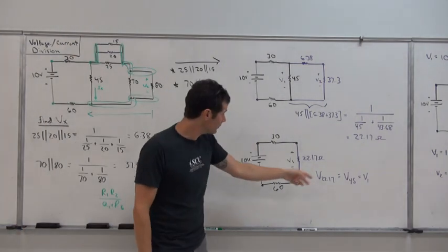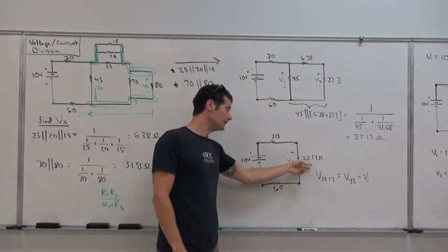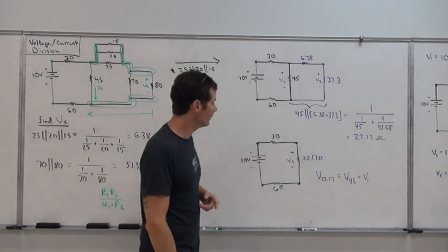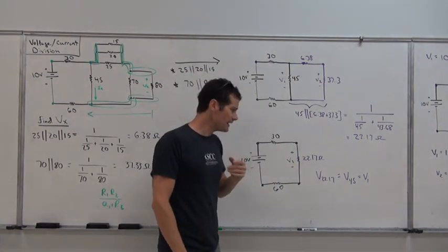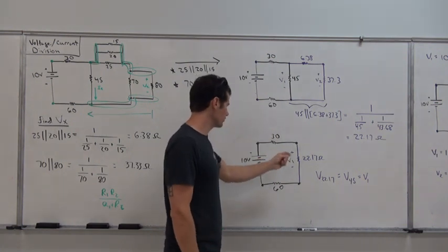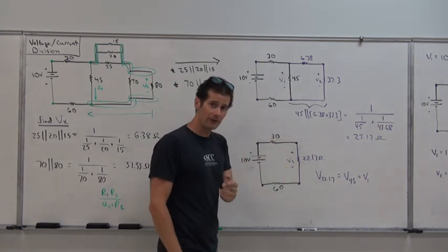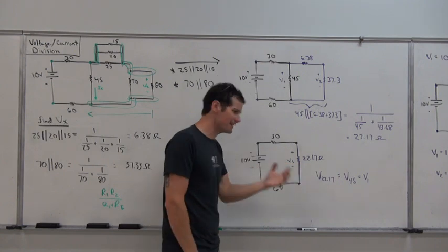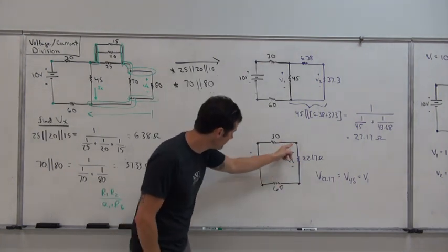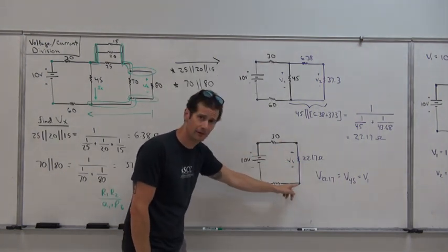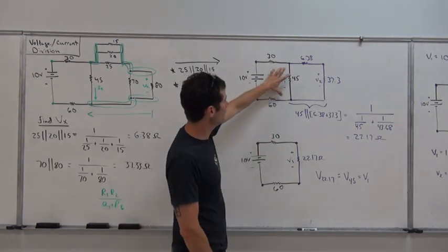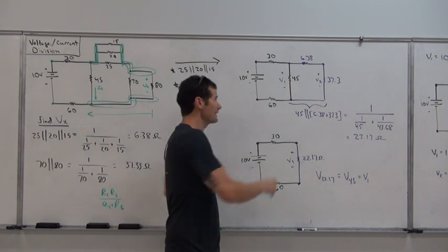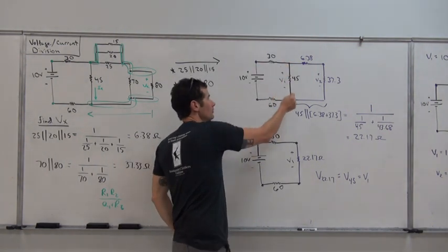All I'm going to see between these 2 points is 22.17 ohms. And so it would suffice to say that the voltage across the equivalence of 22.17, because that's the equivalence of resistance between these 2 points, is going to be the same as the voltage across the 45 ohm resistor that exists between these 2 nodes.